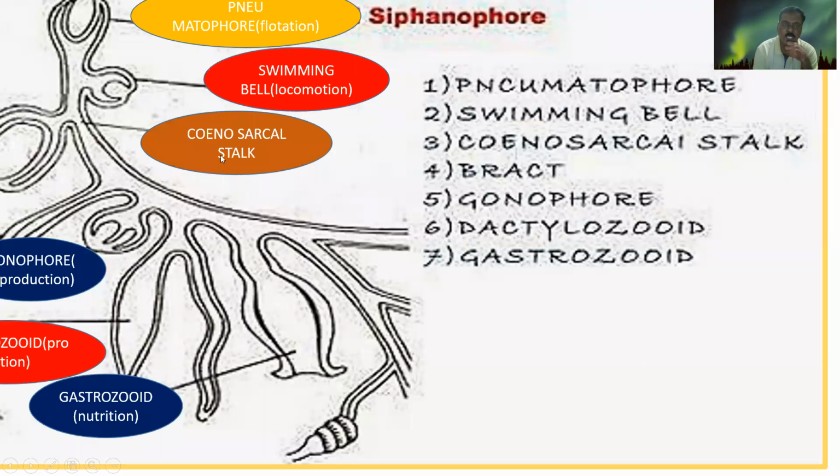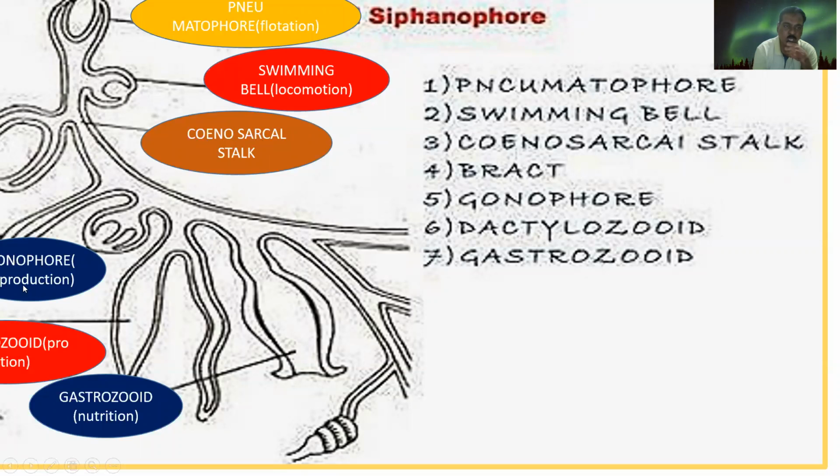Here you can see the Siphonophora. It is having different zooids. The pneumatophore is a bell-like structure meant for flotation. These two are swimming bells meant for locomotion. This is the sinusoidal stalk, and it is having the gonophore.